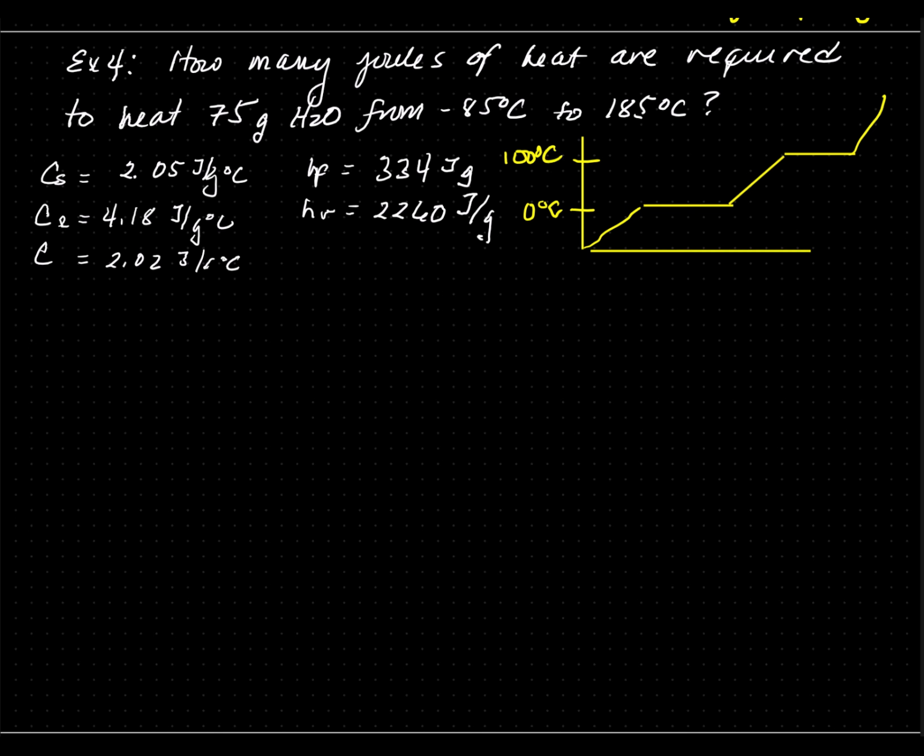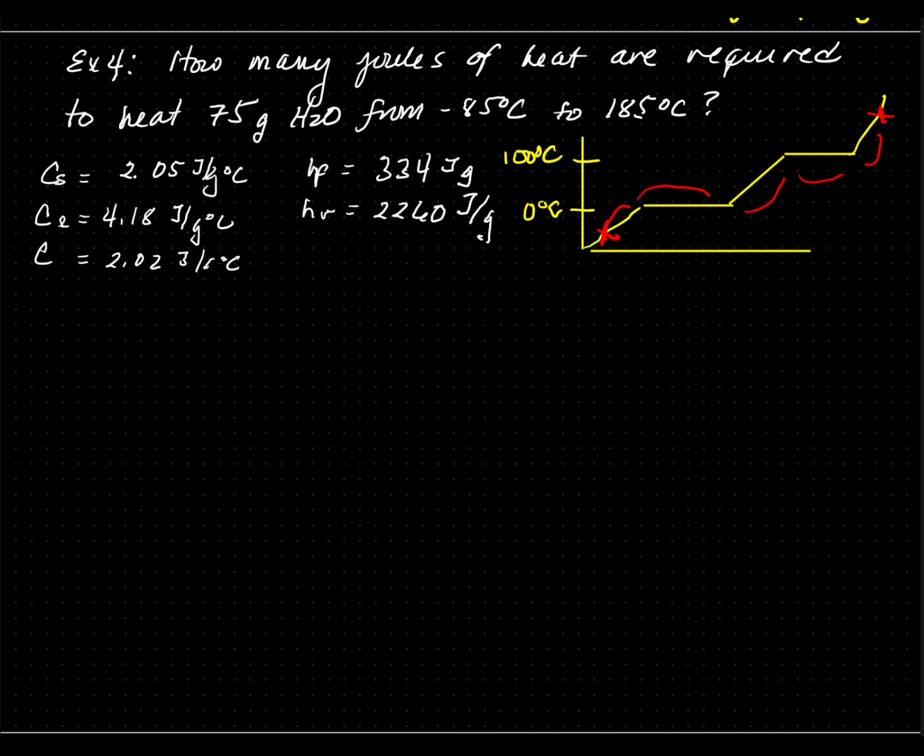It starts below 0 at negative 85, and it ends above 100, so it's at 185. Based on the graph, there are 5 slope changes, so there are 5 equations. So we have 1, 2, 3, 4, 5.